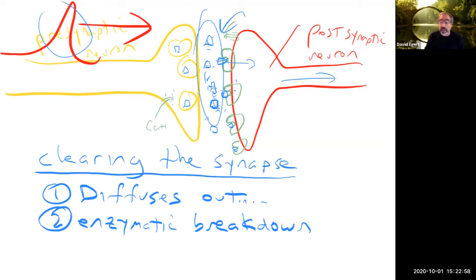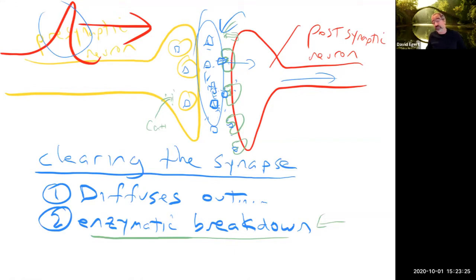When people have Alzheimer's, they often give them this drug that blocks the enzymatic breakdown of acetylcholine, allows more acetylcholine in the synapses, and seems to help with focus as people are getting into the dementia and stuff like that. So enzymatic breakdown is another possibility, but it's kind of wasteful.